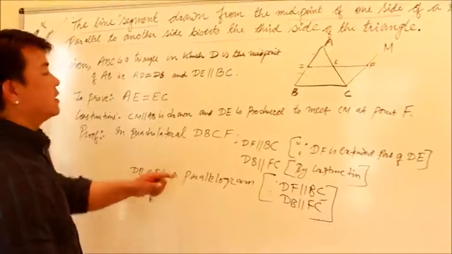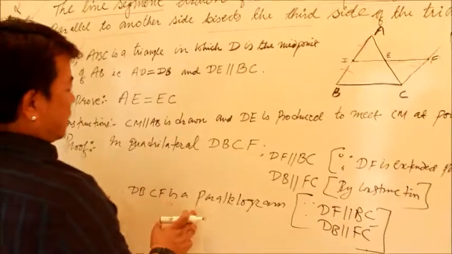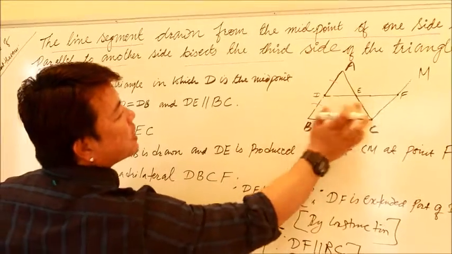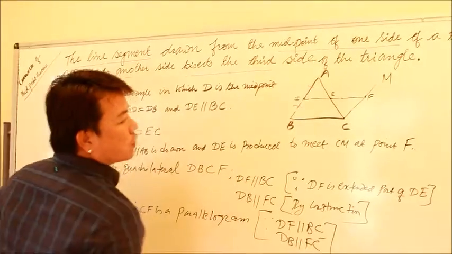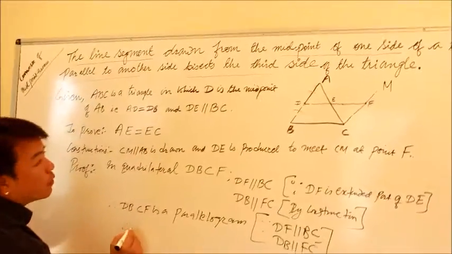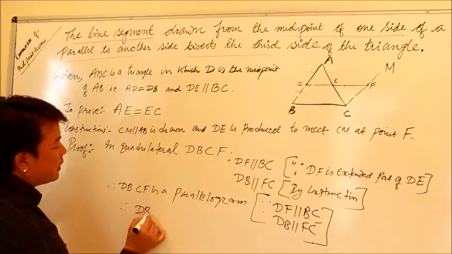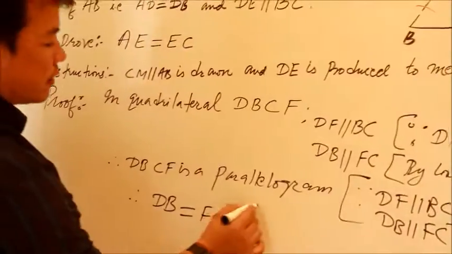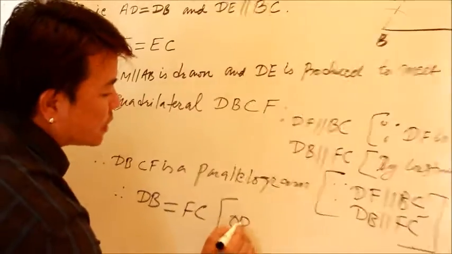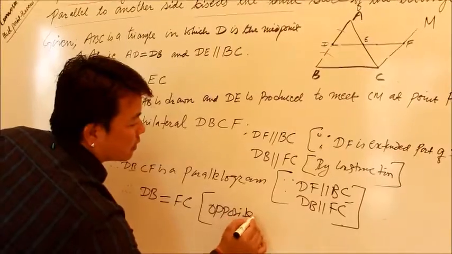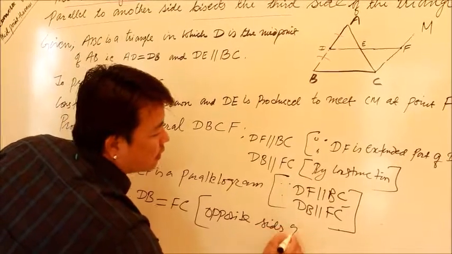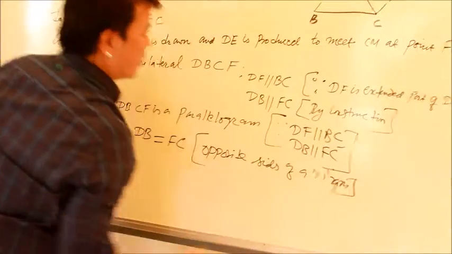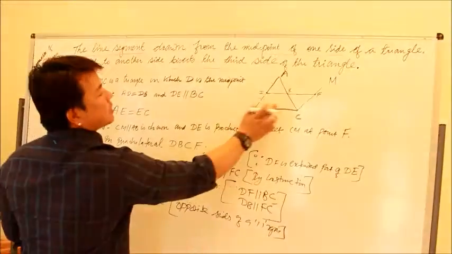Opposite sides of a parallelogram are also equal. So DB is equal to FC. Reason: opposite sides of a parallelogram.